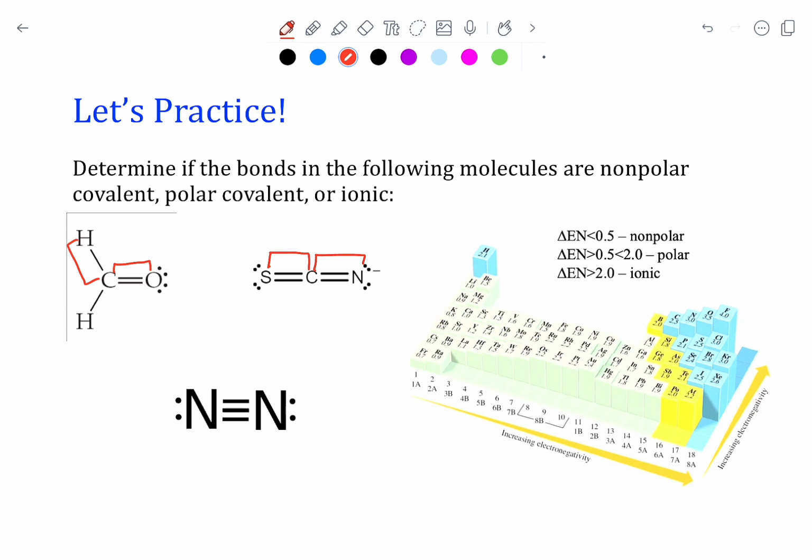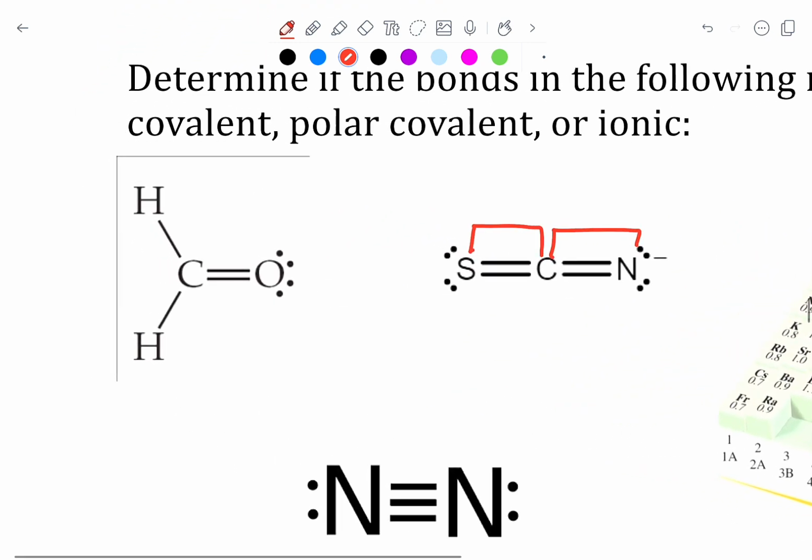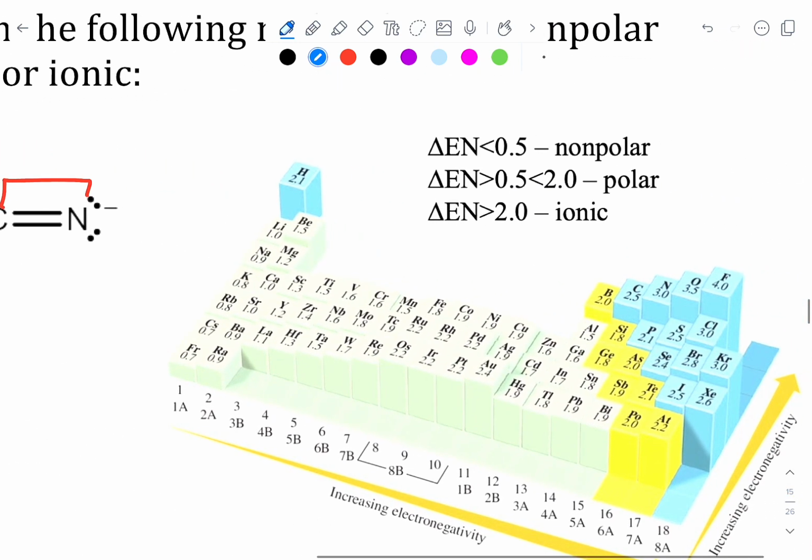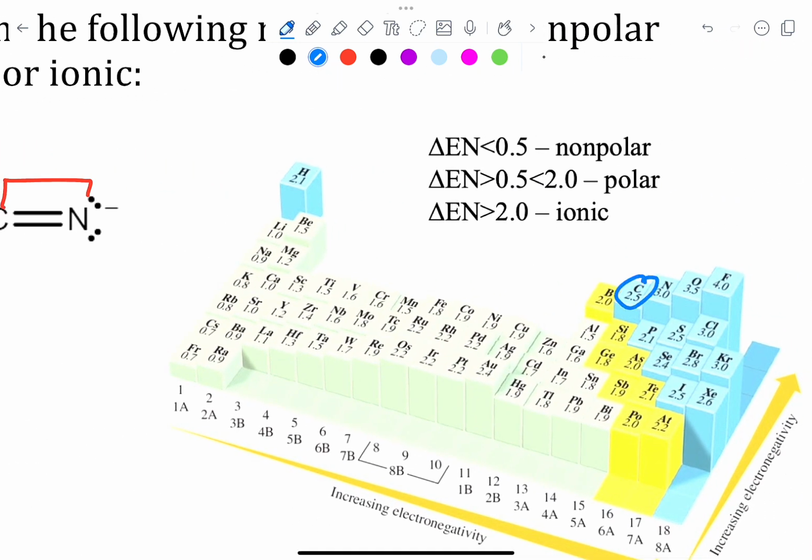So let's look at our first example. Let's look here. COH2. You can choose whichever one you want to do first. We'll start with the C-H bond, I guess. So we're going to look at our delta EN, and we're going to find our electronegativities of hydrogen and carbon. So we look over here, carbon is 2.5 and hydrogen is 2.1.